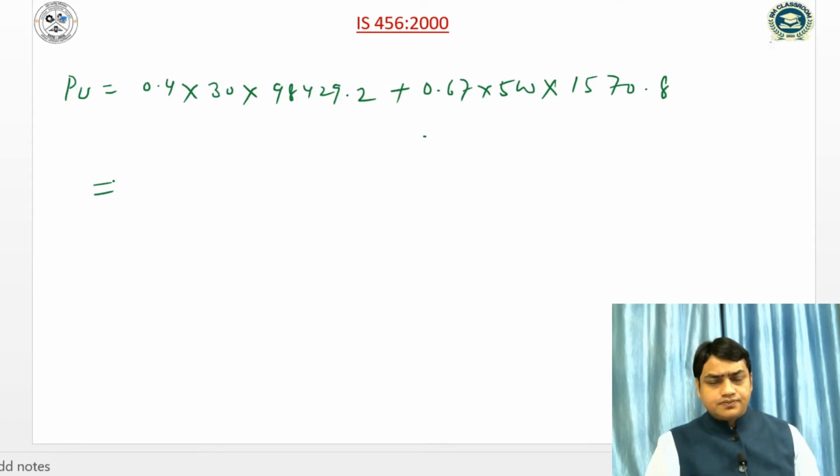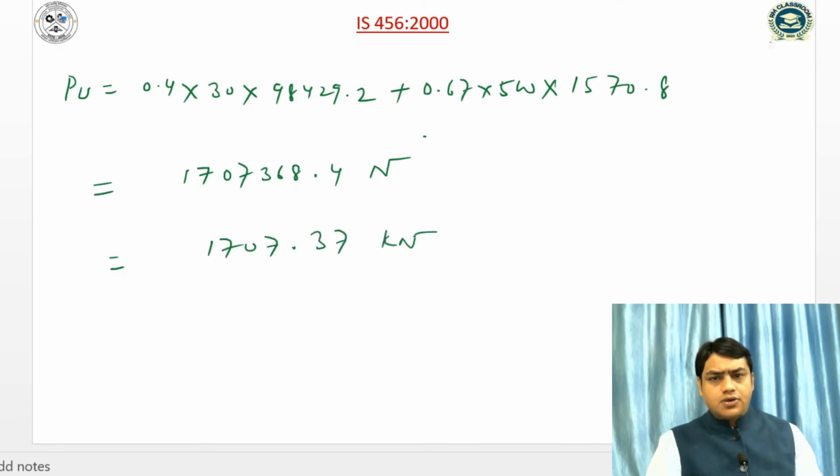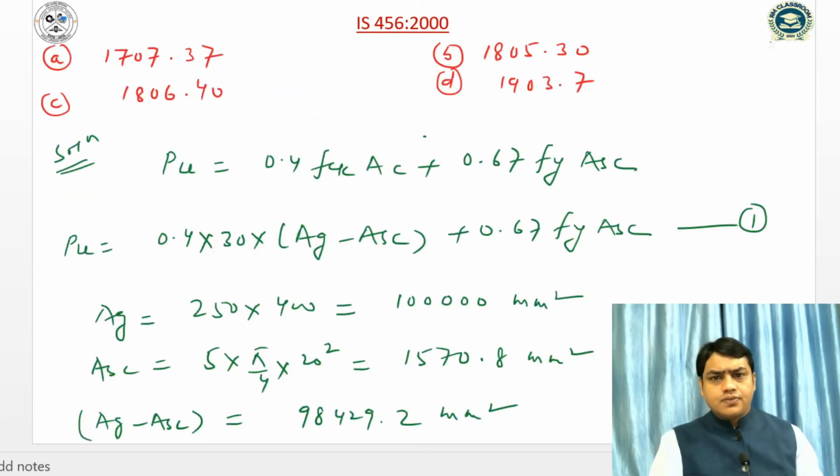So it will be 1707368.4 Newton. If I convert to kilonewton, dividing by 1000, it will be 1707.37 kilonewton. So if I see the options, 1707.37, option A is correct.